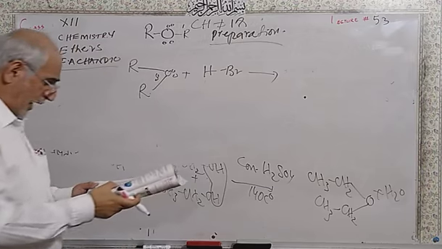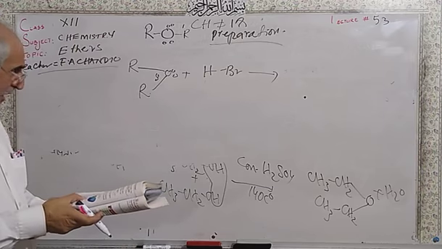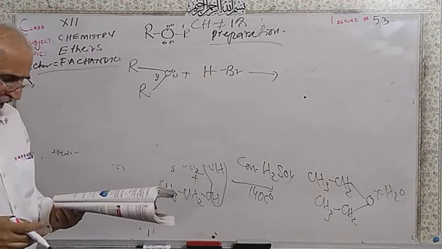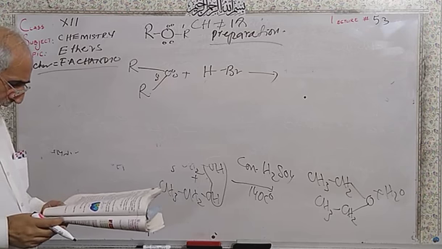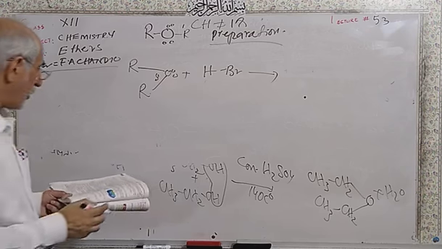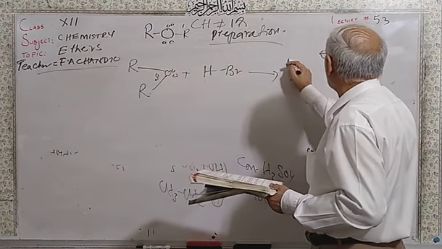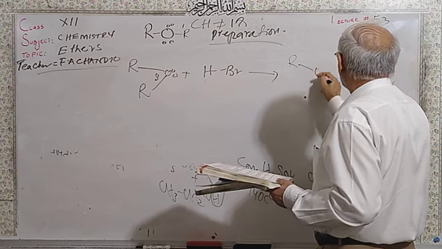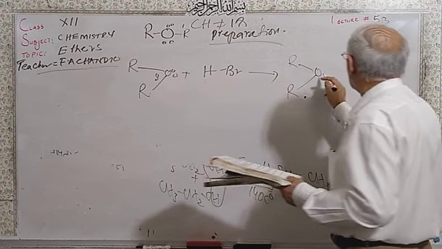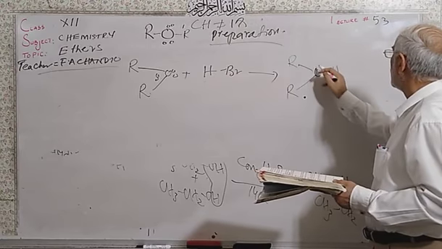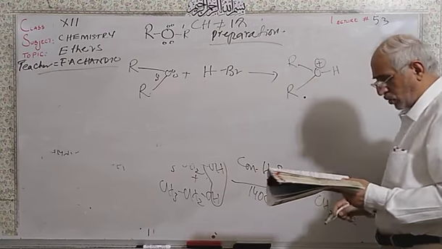bromide. Oxygen atom of ether molecule possesses an unshared electron pair, which accepts the proton from the hydrogen bromide to give an oxonium ion. Sometimes they ask us to write the formula of oxonium ion. So this is oxygen, with the alkyl groups. There is a hydrogen attack, positive charge is created. This is called oxonium ion.